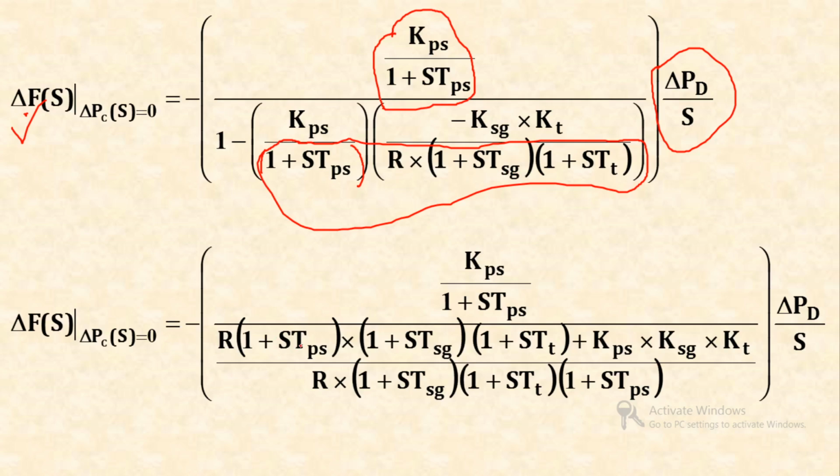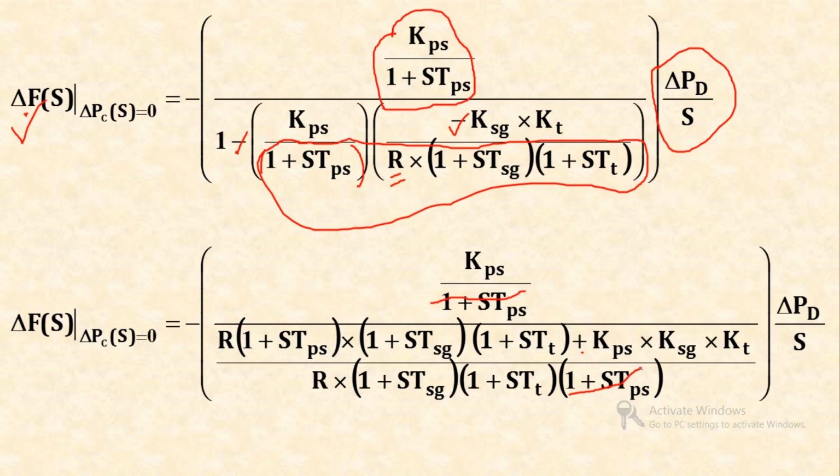So, 1 plus STPS, 1 plus STSG, 1 plus STT with this R. So, this term multiplied with 1, and over here this minus becomes plus, and these 2 will be multiplied, KPS KSG into KT, whole divided by this LCM, multiplied by delta PD divided by S. Now, over here this 1 plus STPS and this 1 plus STPS have been cancelled out.